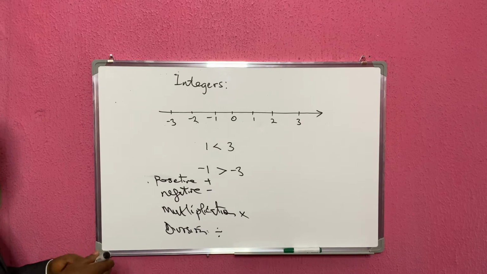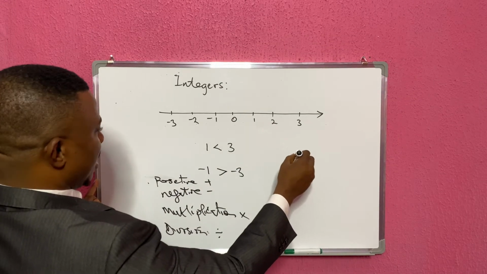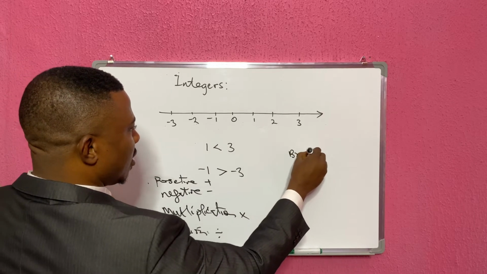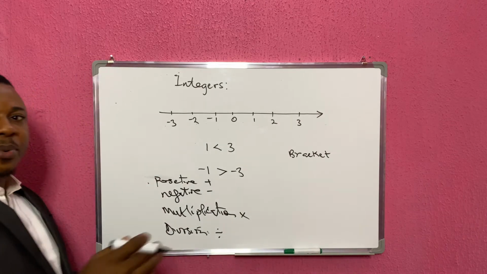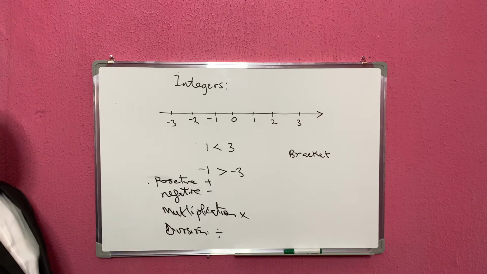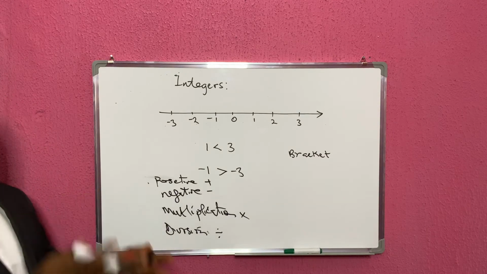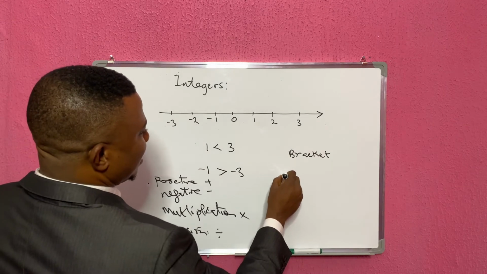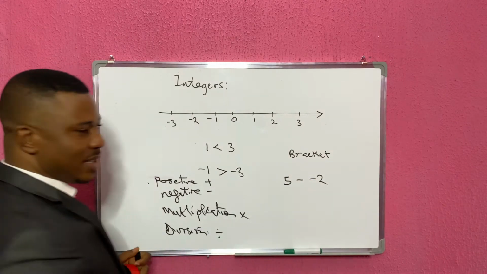Now note that we use brackets to separate a number that has a negative sign from the mathematical operation, like this. I cannot write 5 minus -2 like this.